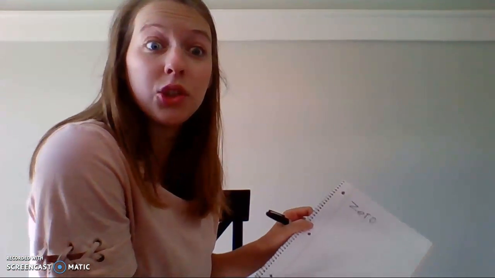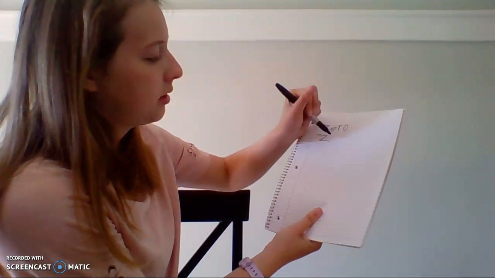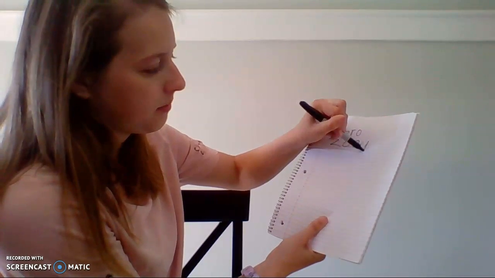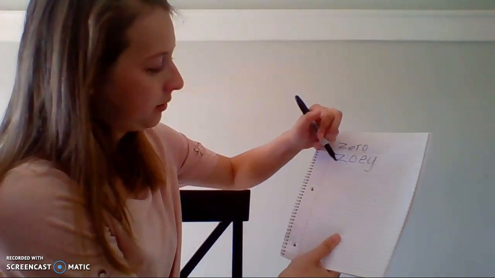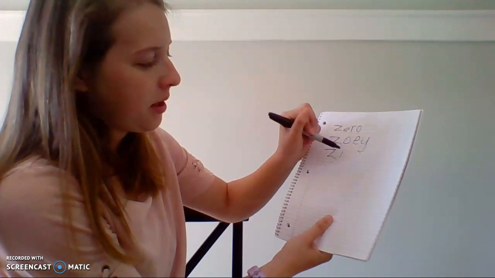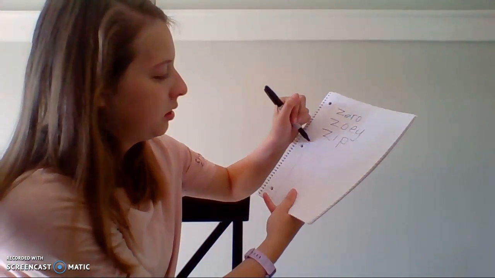We can spell Zoe. Z-O-E. Zoe starts with a Z. We can spell zip. Z-I-P. Zip. And we can spell zoom.